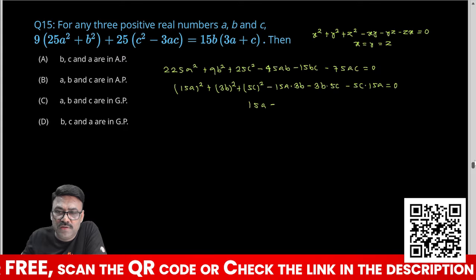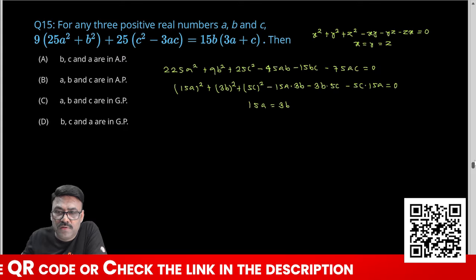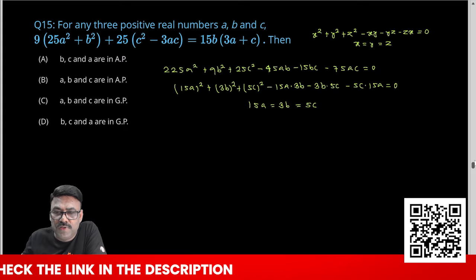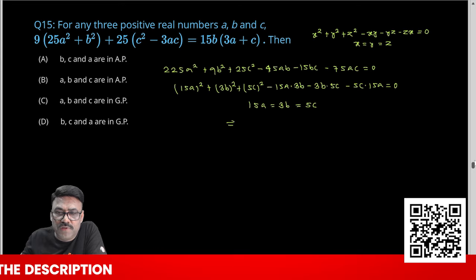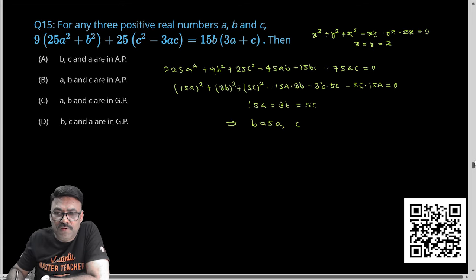So 15a, 3b, and 5c, they are equal. So you can say that b is actually 5a and c is actually 3a. So hence your numbers are basically a, b is 5a, and c is 3a.